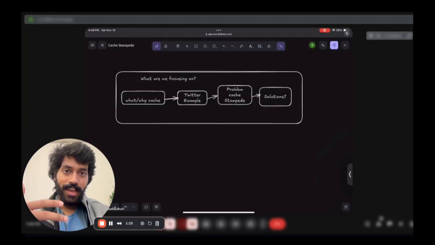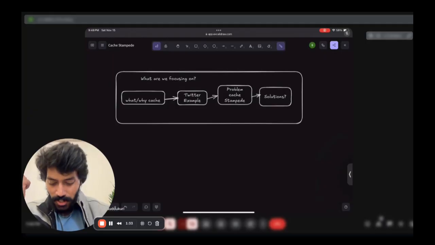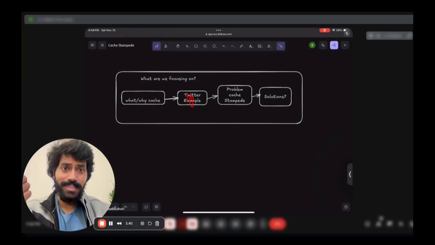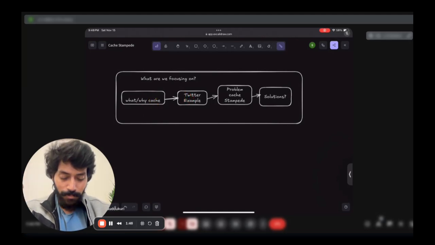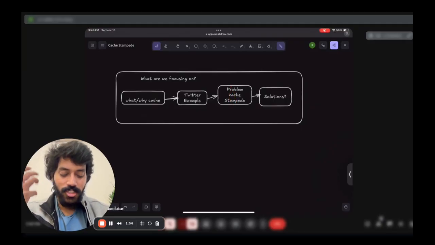I have also attached the exact timestamps under the description so you can skip to any section you're really interested in. First, we will see what exactly caching is, and then we will take Twitter as an example and showcase the usage of caching and how it helps. Then we will look at the core problem we are going to focus on today, which is Cache Stampede.